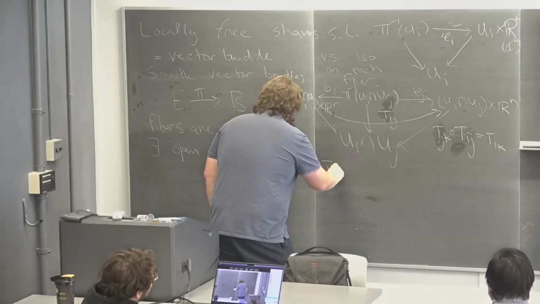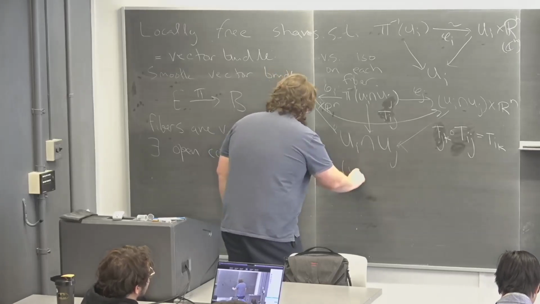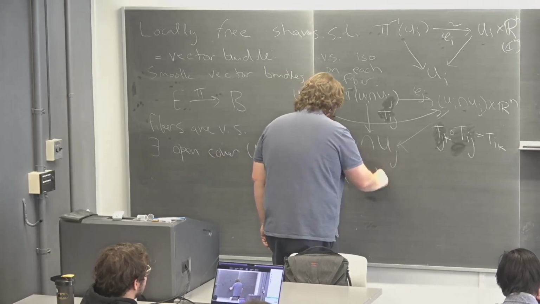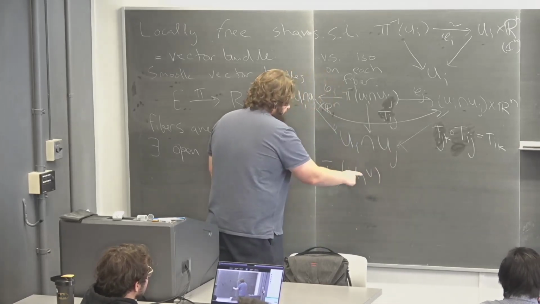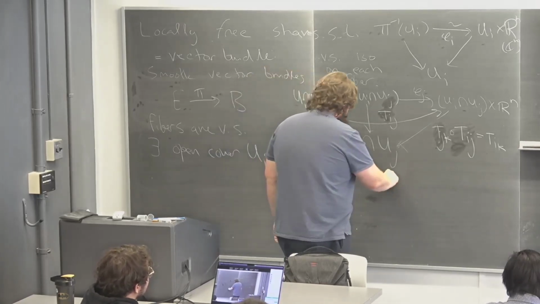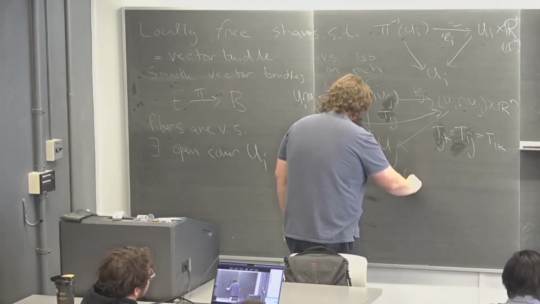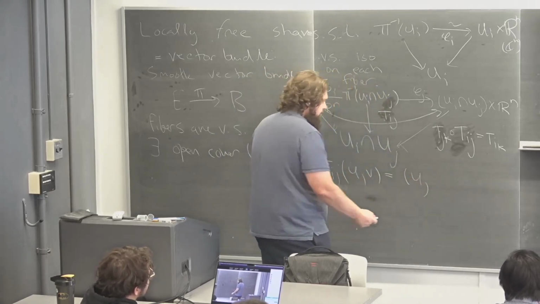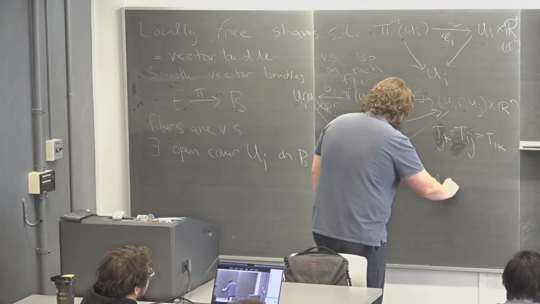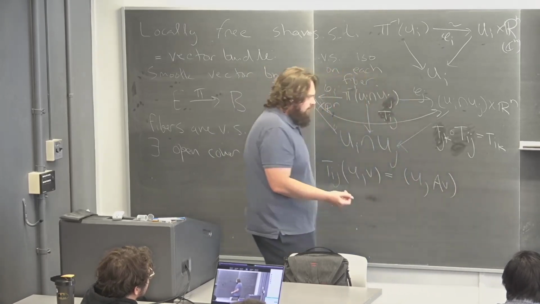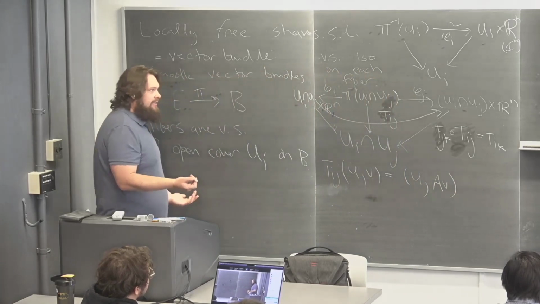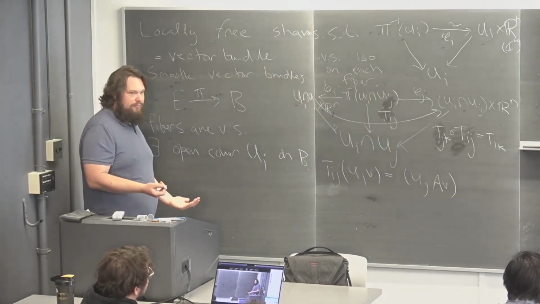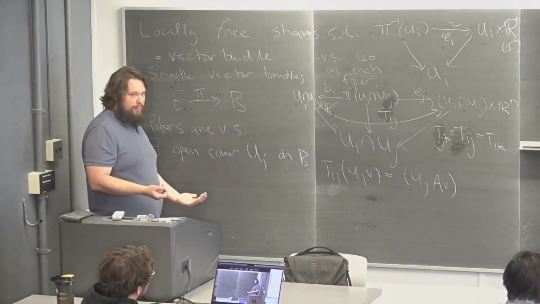So T_ij, when I apply it to some (u, v), where u is in the intersection and v is in R^n, I get the same u, and then Av, where A is a linear isomorphism from R^n to itself, also known as an invertible matrix.